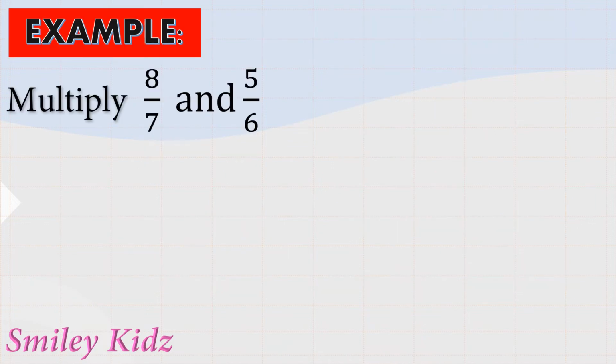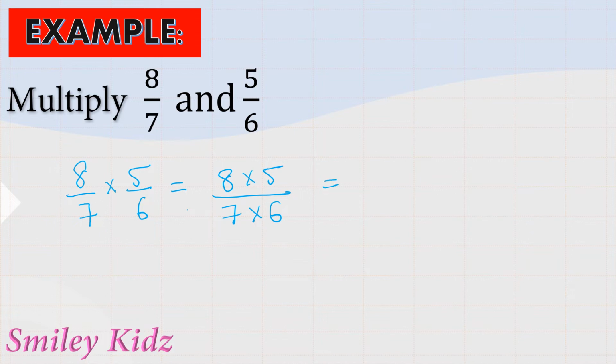Let's see few examples. Multiply 8 by 7 and 5 by 6. 8 by 7 multiplied by 5 by 6 is equal to 8 multiplied by 5 by 7 multiplied by 6. Now tell me, 8 multiplied by 5 will be how much? 8 multiplied by 5 is 40 by 7 times 6. 7 into 6 will be 42.